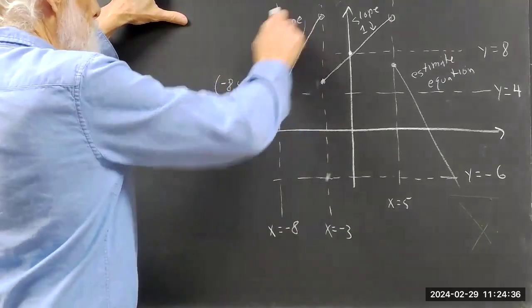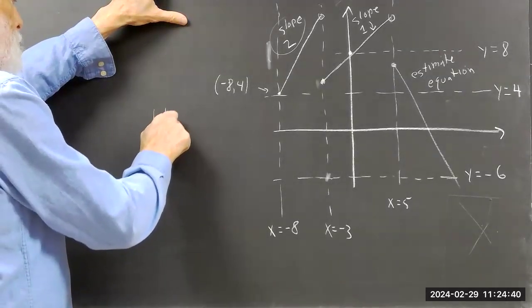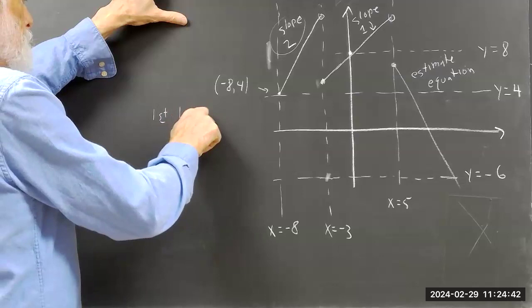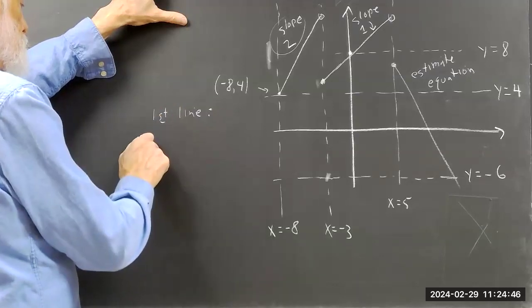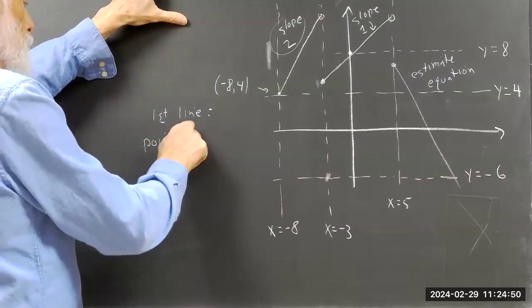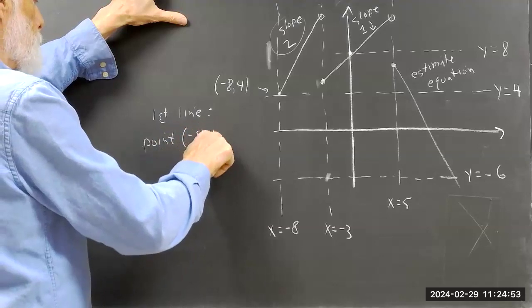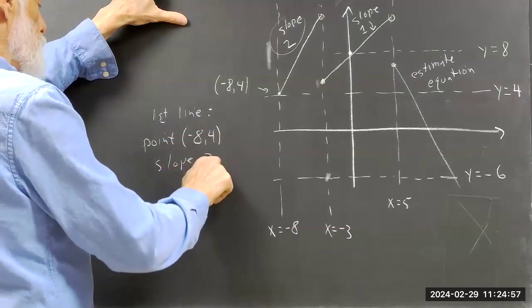And the slope is 2. So first line, it's point -8, 4, slope 2.